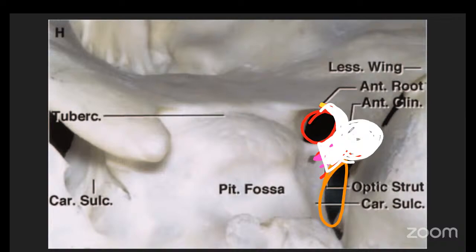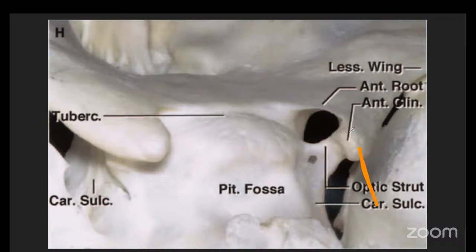What are some other structures which are going to be here? Let me clear this up. There is going to be a meningo-orbital band which attaches here extradurally, and we have the temporal dura here, we have the frontal dura over here, and there is this band that is attached to the anterior clinoidal process, and we end up cutting that band right from here.